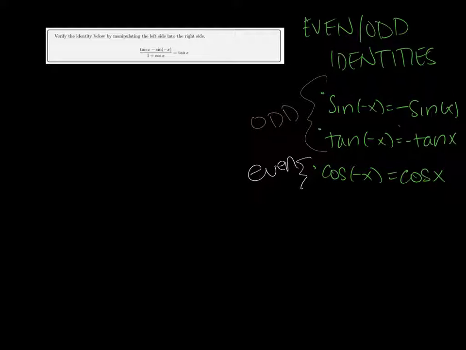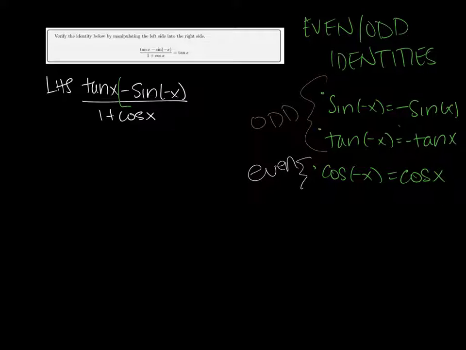So for this one, we're going to again start with our left-hand side, and we can see that we have tangent x minus the sine of negative x over 1 plus cosine x. So the first thing we want to do is employ this even and odd identity, which we'll do right here.